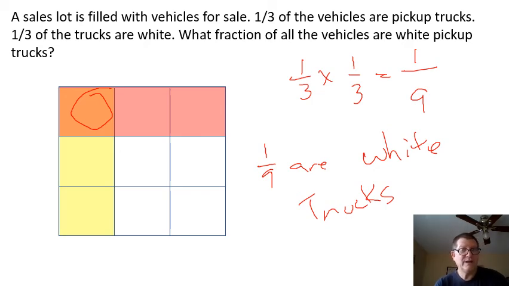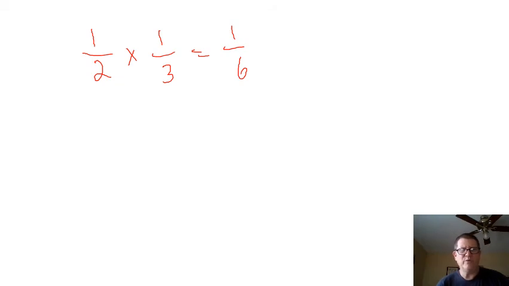Anyone seen the pattern yet? Well, if you haven't seen the pattern yet, then let me show you. First we had 1/2 times 1/3, and we ended up with 1/6. Notice, even when we did the model, we ended up with 1/6. But if we multiply the numerators, 1 times 1 gives us 1. 2 times 3 gives us 6.